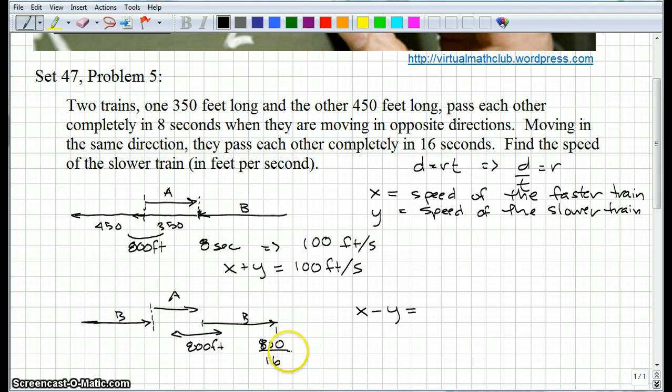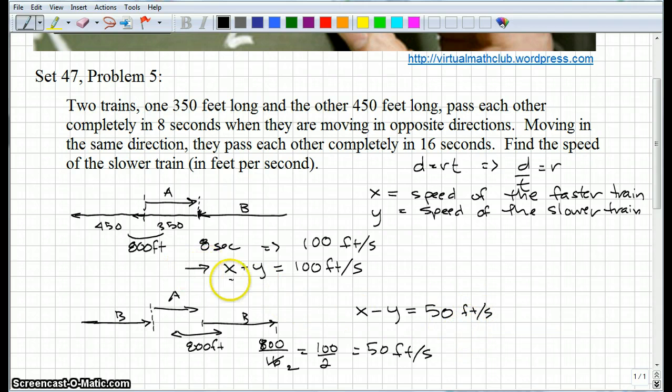So that's like 100 over 2. So that's 50 feet per second. All right. So when the trains are traveling in the same direction, the difference in the speeds is 50 feet per second.